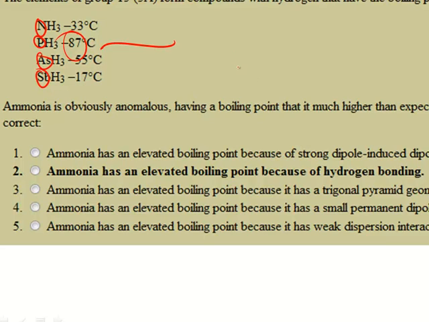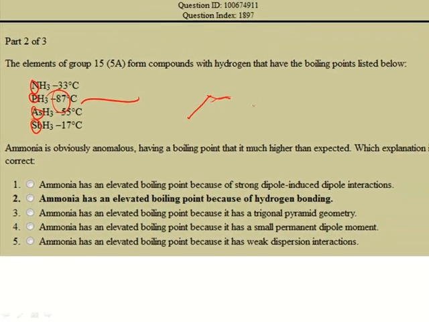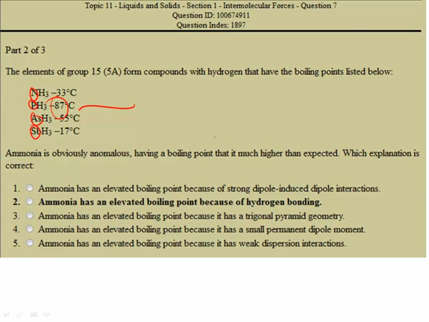Ammonia would be 33, this would be much higher, because we should see the hydrogen bonding in the ammonia, which would make it have a much higher boiling point. And I really think that whoever made this problem accidentally switched these two numbers.